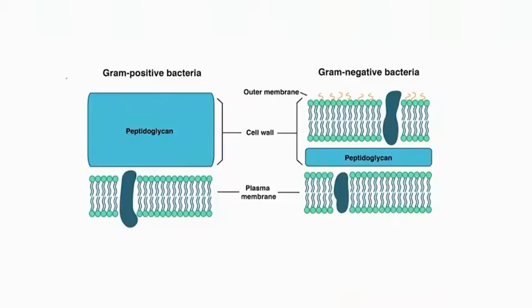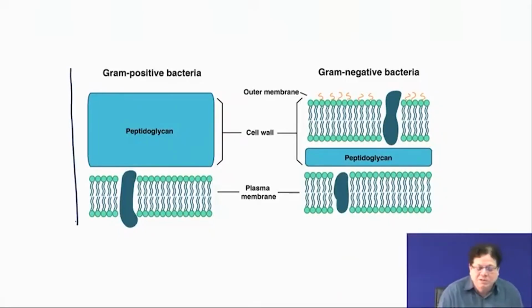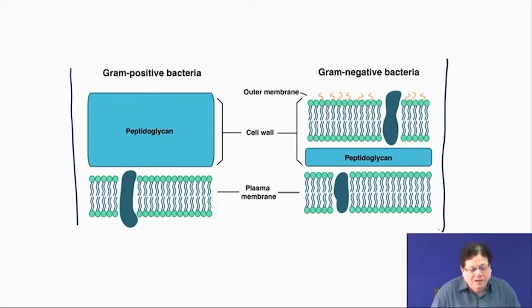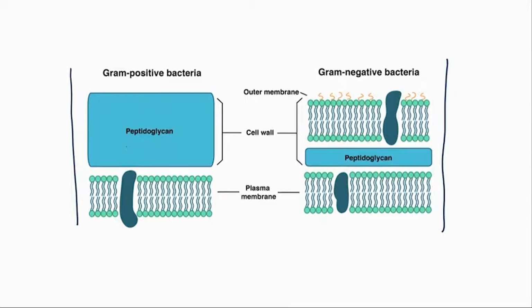Now, there are two kinds of bacteria, one is gram positive, another is gram negative. Okay. Gram positive bacteria has a thick cell wall structure made of peptidoglycan. What is a peptidoglycan? Peptidoglycan means you have peptide units as well as glycan units. Glycan means sugar units. Okay.